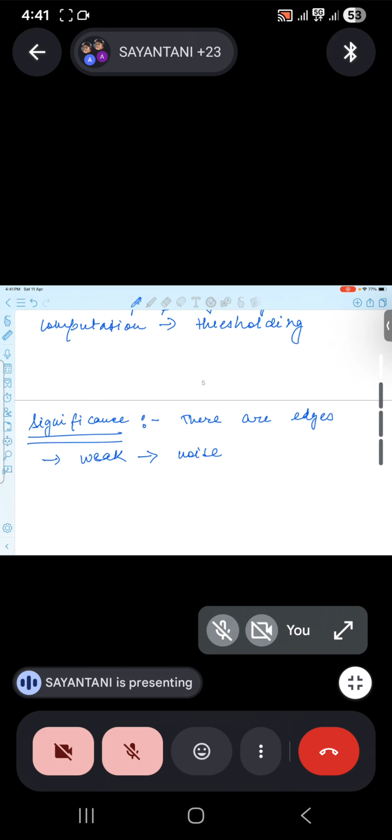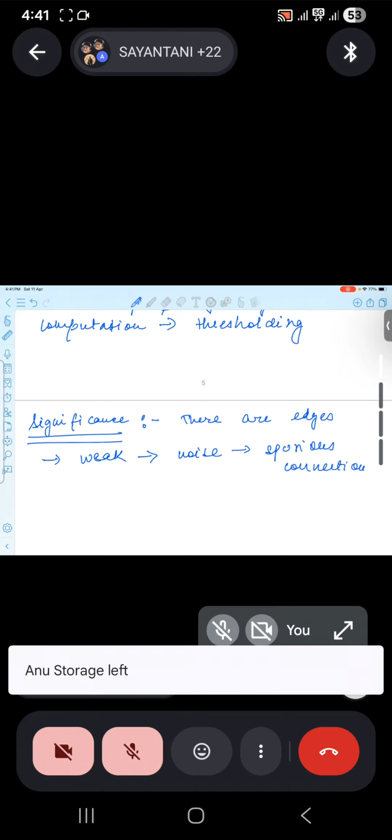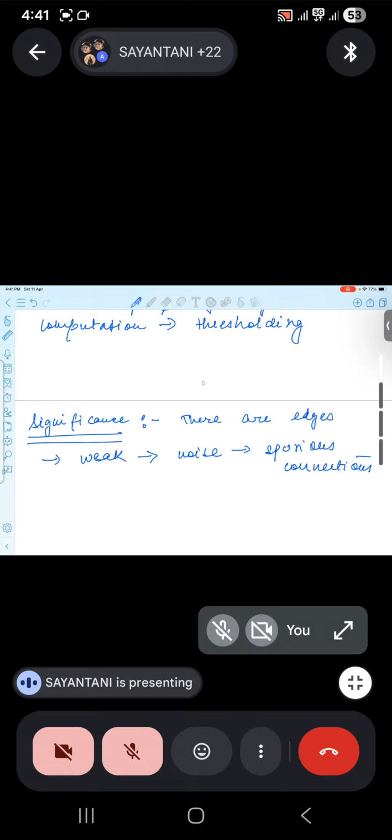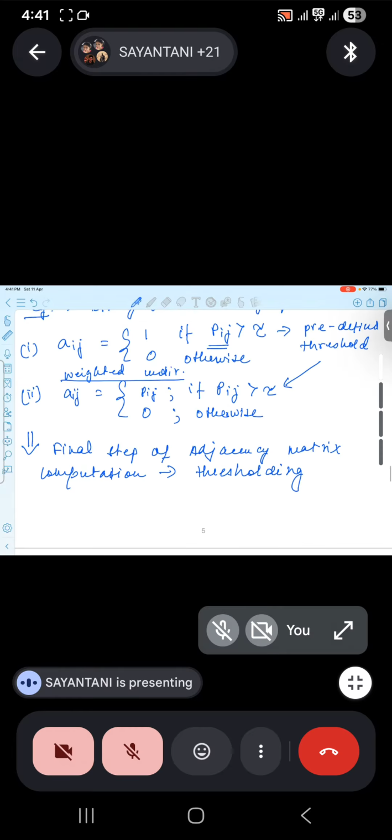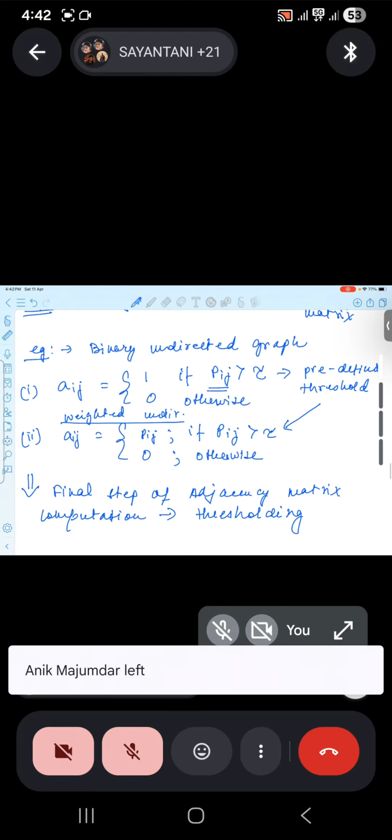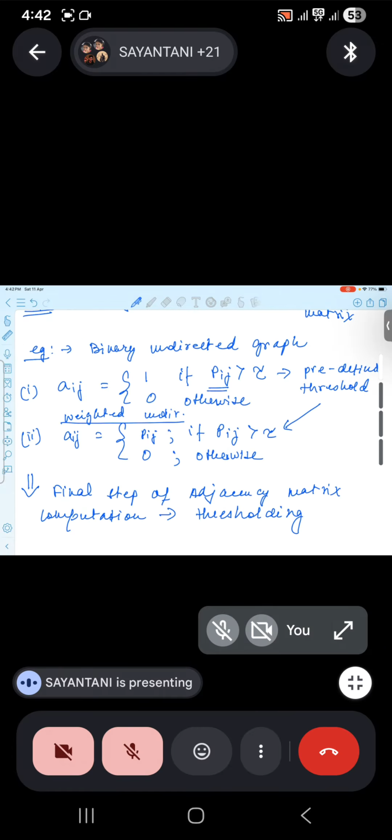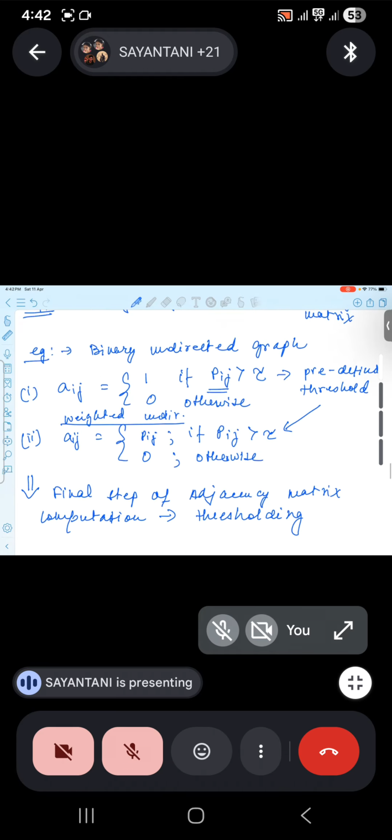So there can be some weak edges created due to the presence of the remaining noise, which leads to some spurious connections. This is the term utilized. That means they are unwanted, redundant connections. That is why we require thresholding, depending on whether we are creating a binary undirected graph or a weighted undirected graph, to remove those spurious edges. This is very important in case of brain networks. We do not need those relationships. They are not important.